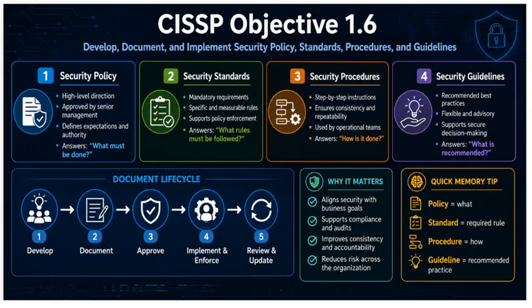They are useful when a single mandatory rule may not fit every business scenario. Example, a guideline may recommend using password managers, avoiding public Wi-Fi for sensitive work, or applying secure coding practices. For the CISSP exam, guidelines answer the question, what is the recommended approach?